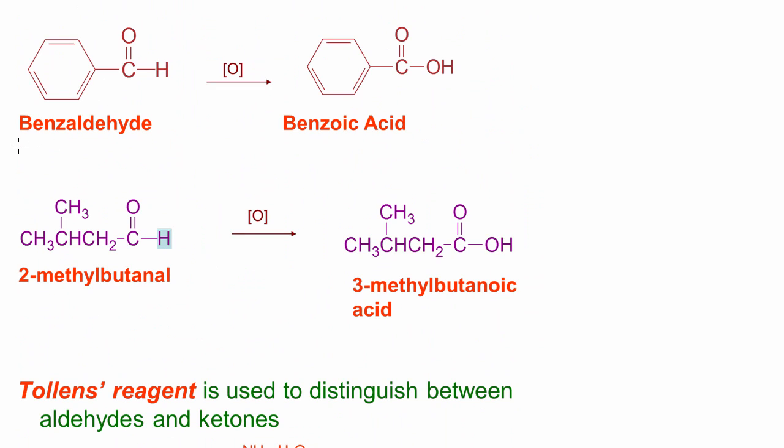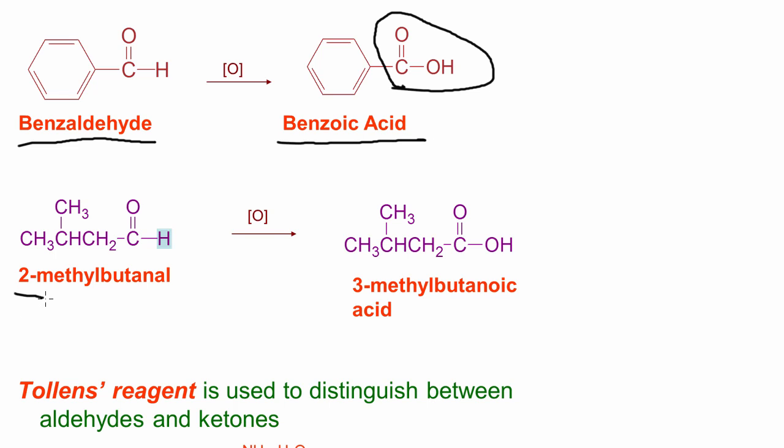Now, let's take a look here. We have benzaldehyde, and so this can be oxidized to the carboxylic acid. This is the carboxyl group, remember, and that's benzoic acid. So here we can take 2-methylbutanal, okay, that's butanal. Here we can take 2-methylbutanal and oxidize this to a carboxylic acid.